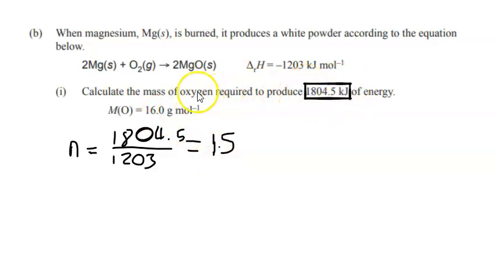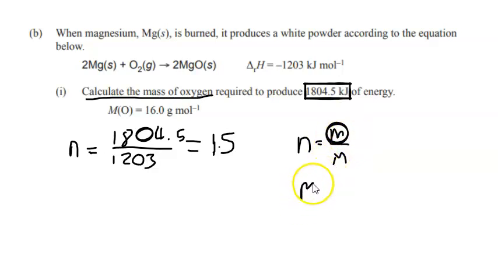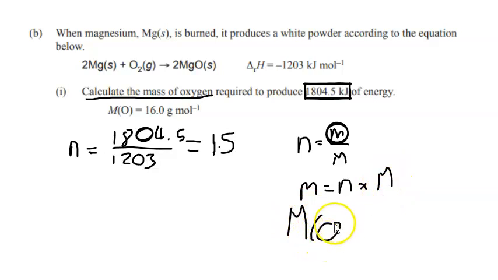Then the question is to calculate the mass of oxygen required. If the amount equals the mass divided by the molar mass, what we're trying to work out is the mass, so we rearrange the equation to: mass equals the amount times the molar mass. The molar mass of O2: because we've got 2 oxygen atoms, we need the mass number of oxygen, 16, times 2, which equals 32.